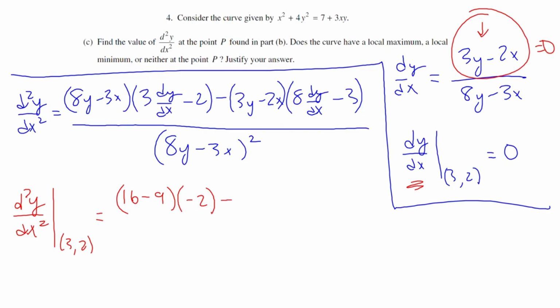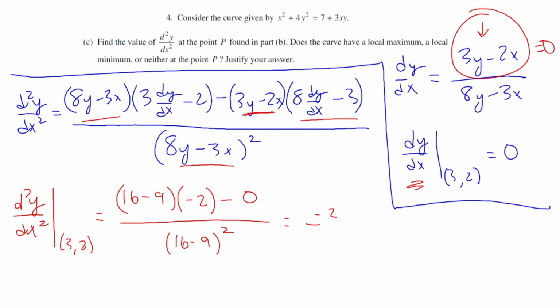And then minus, well, we know that 3y minus 2x is 0, which means that 0 times anything is 0. So that's just 0. And we just said that 8y minus 3x was 16 minus 9, and we'll square that. So one of the 16 minus 9's in the denominator will cancel with the one in the numerator, and we just have negative 2 over 16 minus 9, which is 7. And so we just end up getting negative 2/7.